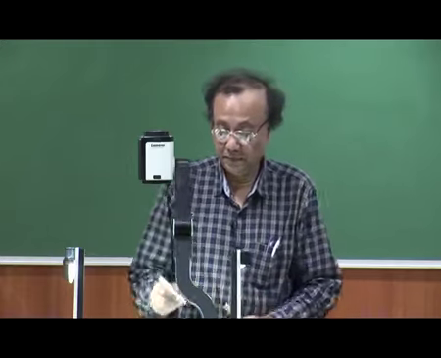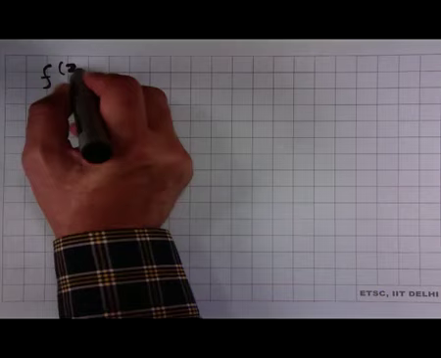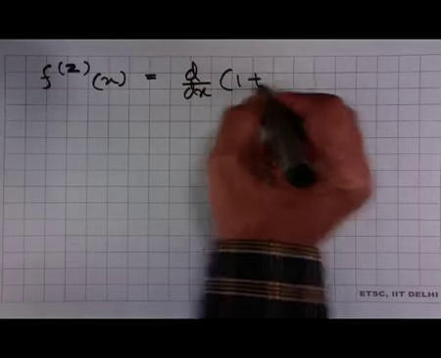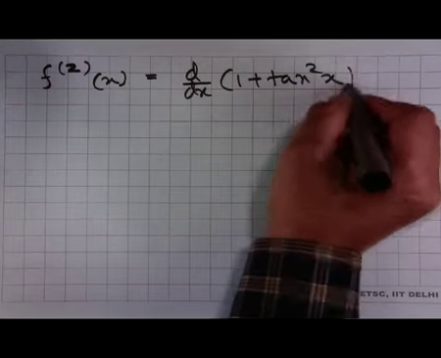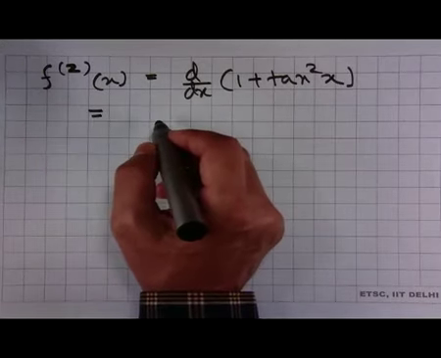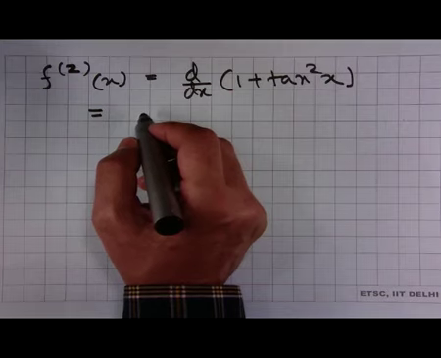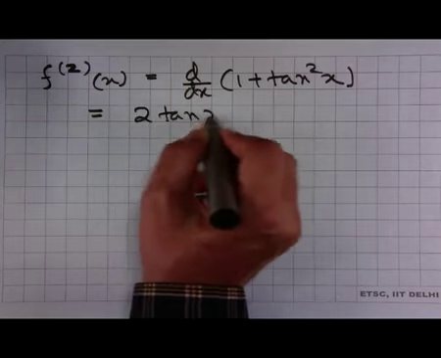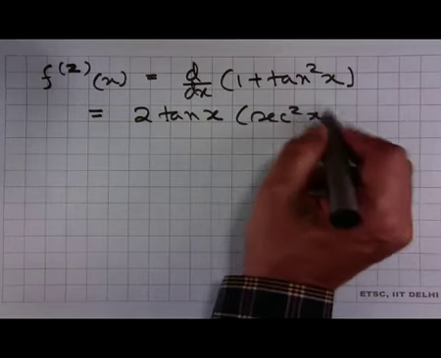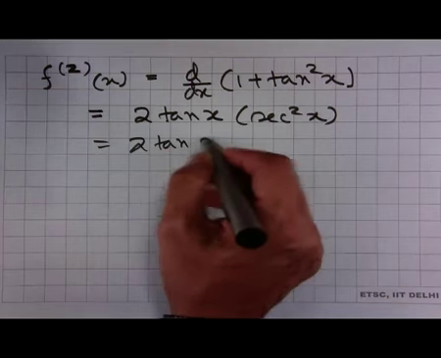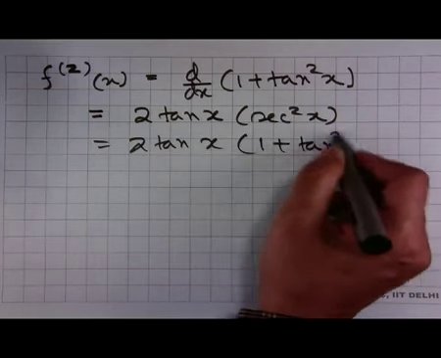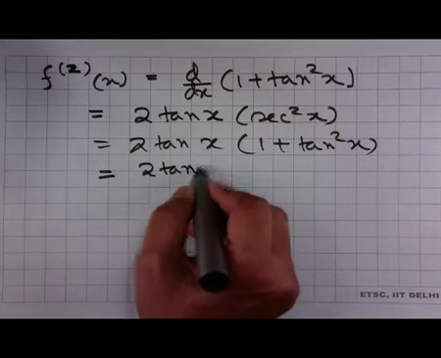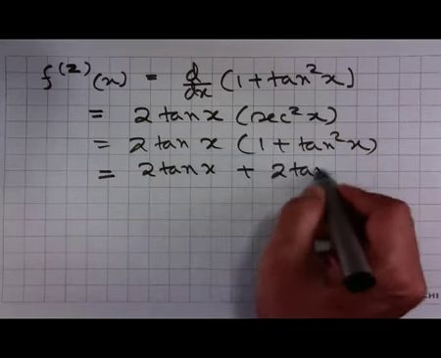What about f 2 x? That is the second derivative of tan x, which is equal to d dx of 1 plus tan square x, which is equal to 2 tan x into sec square x, which is equal to 2 tan x into 1 plus tan square x, which is equal to 2 tan x plus 2 tan cube x, right.